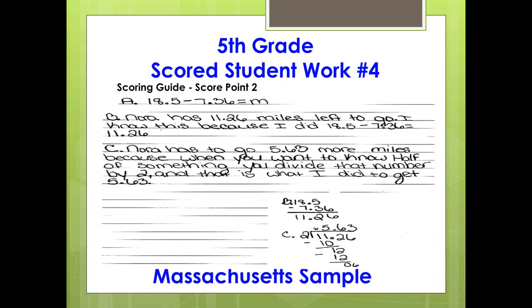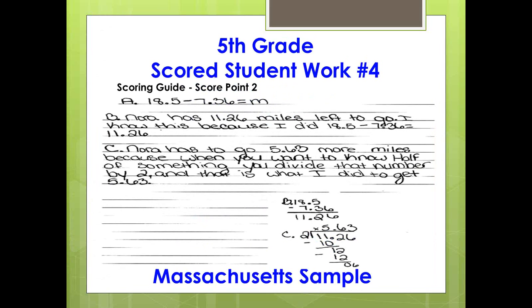Okay, student number 4, 2 points. Part A was 18.5 minus 7.36, what we've seen thus far from each one of the students. Nora has 11.26 miles left to go. I know this because I did 18.5 minus 7.36.